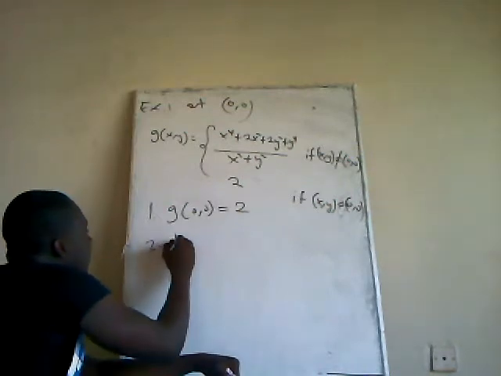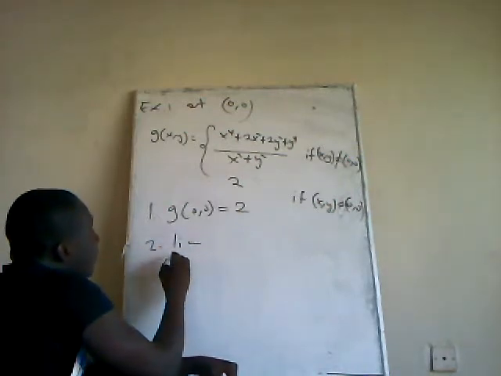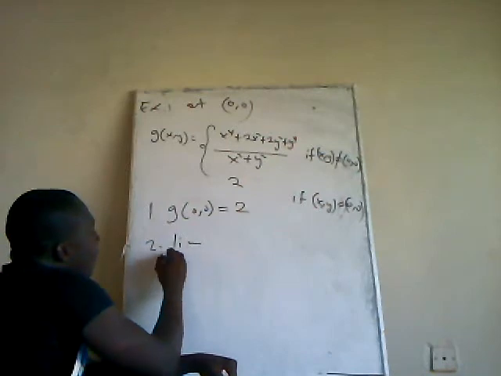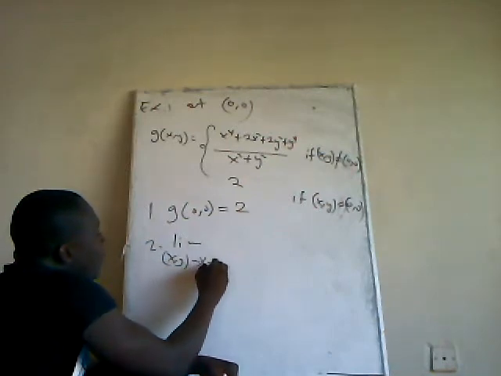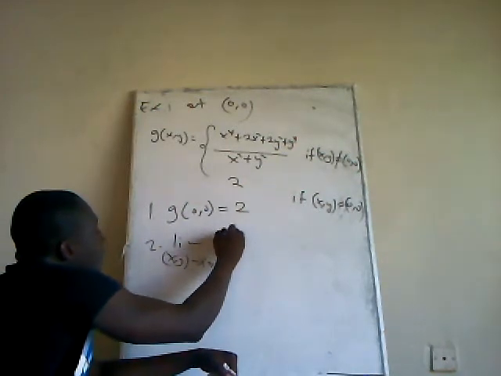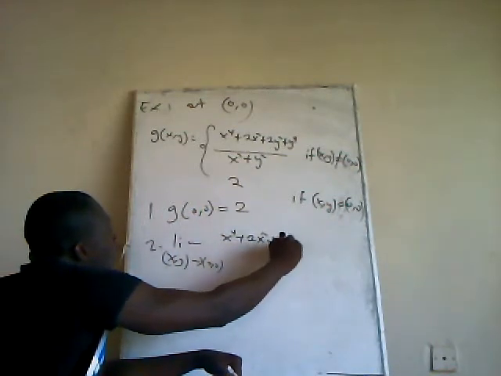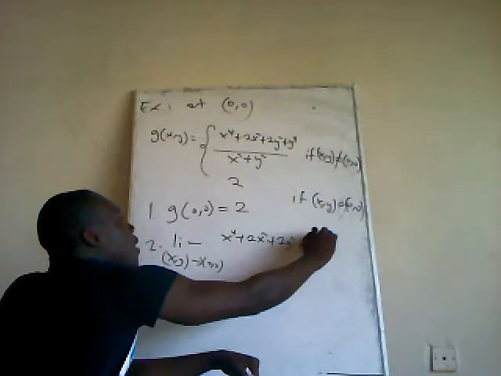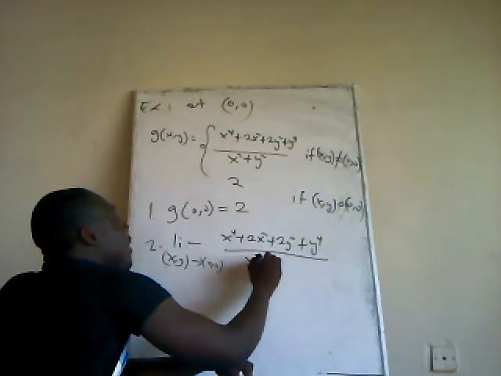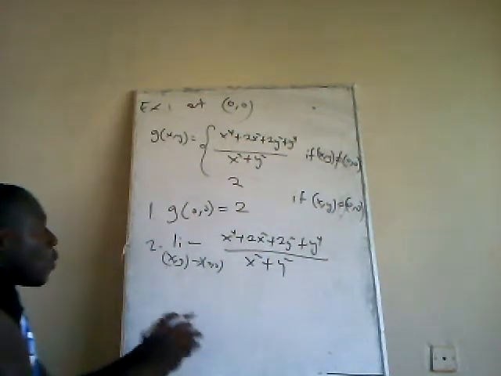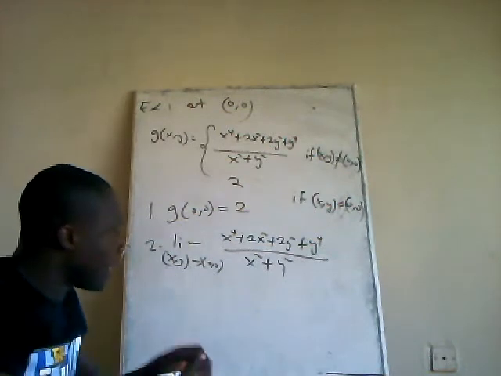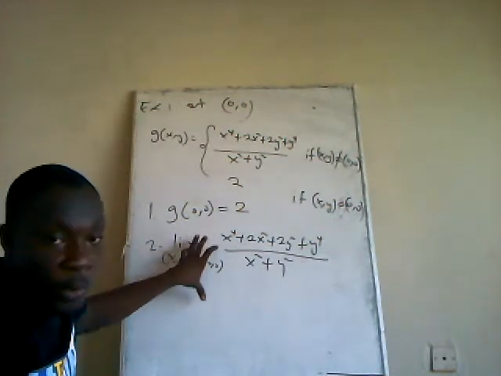Number 2, we find the limit as x, y approaches 0, 0 of the function x^4 plus 2x squared plus 2y squared plus y^4 all over x squared plus y squared. What it means is that we take it through the accumulation point theorem.